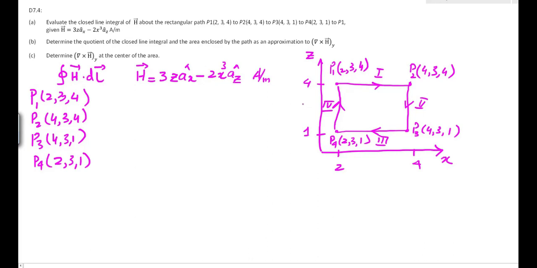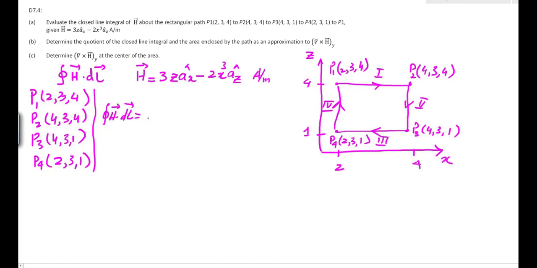Now what we have to find is the closed line integral of H dot dl for this path. We can find this by separately finding the line integral of each path and adding them up.